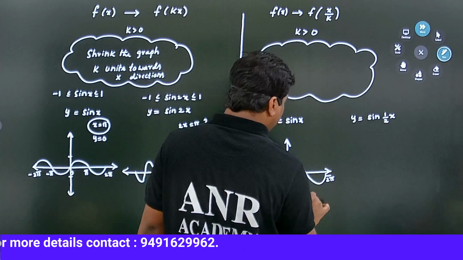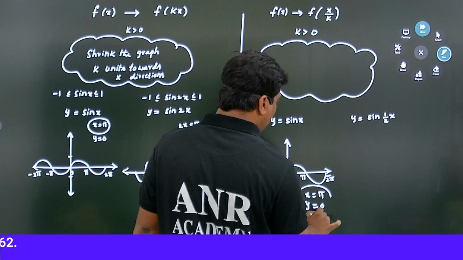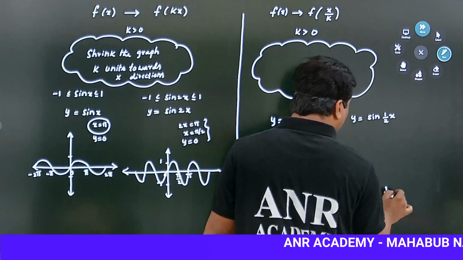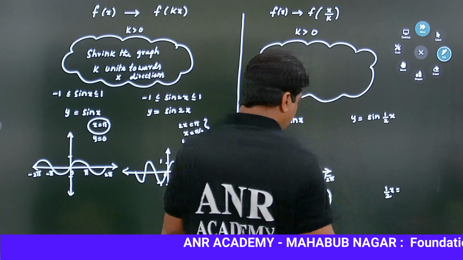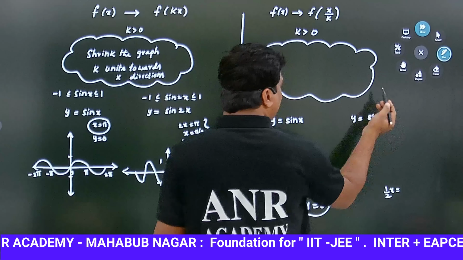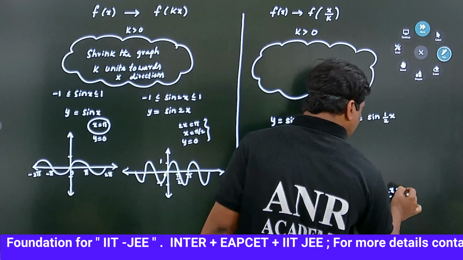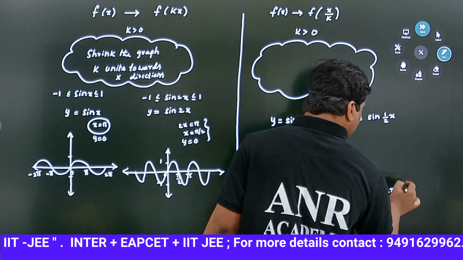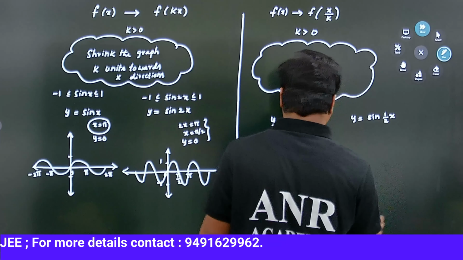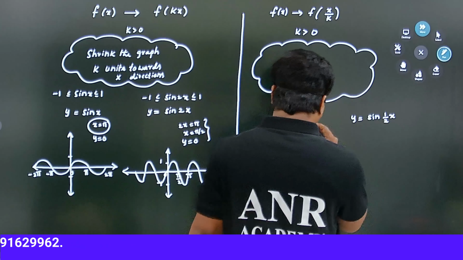Here the graph is 0 at x equal to pi. At x equal to pi, y becomes 0. Next, here 1 by 2 x. Here when the input is pi, that becomes 0.